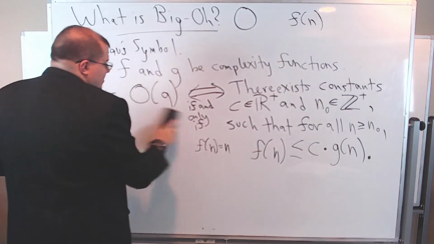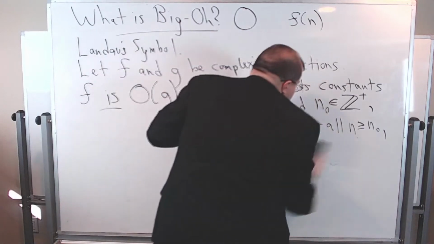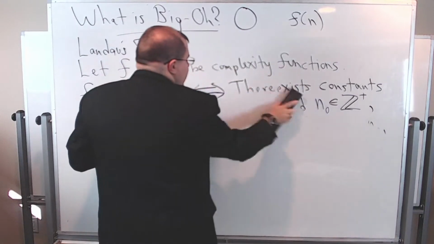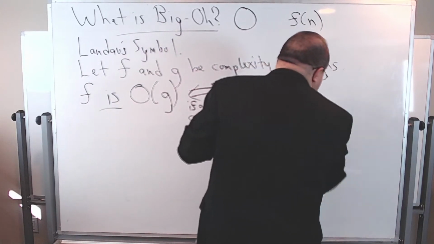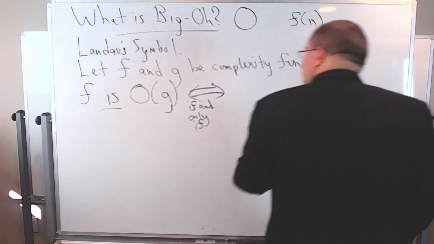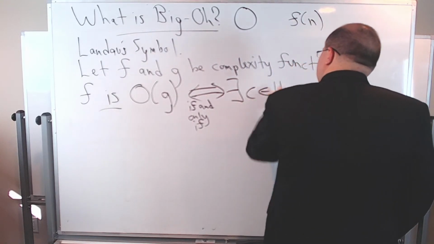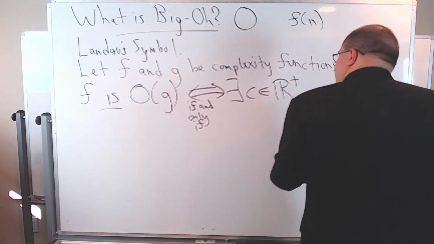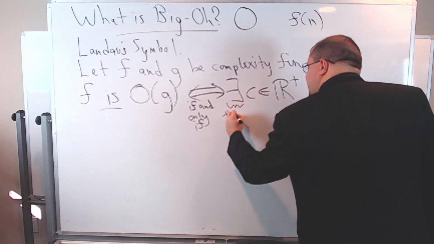Okay, so now I promised you a little bit more of a symbolic representation of big O. So let me rewrite this with fancy notation, and then go a step further. What I'm saying is that there exists a c. This backwards e represents there exists.